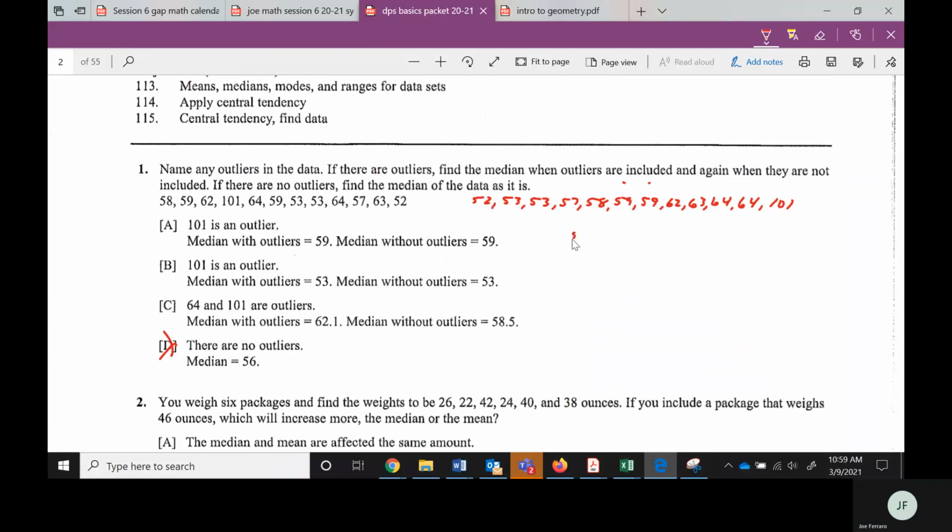Again, with two middle numbers, it's 118 divided by 2, which is 59. So with the outlier in there, we have a median of 59. Since it's multiple choice, the only one that says median with outlier 59 is A. So this probably should be the answer.